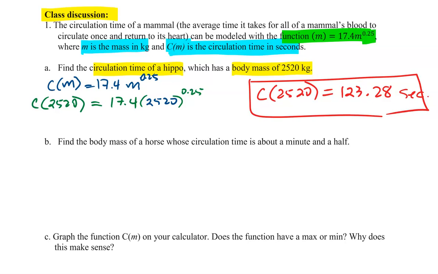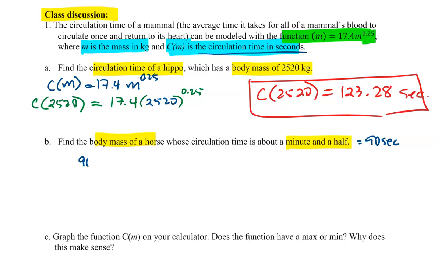Next, letter B, find the body mass of a horse whose circulation time is about 1.5 minutes, and 1.5 minutes in seconds, because C of m is the circulation time in seconds. 1.5 minutes is equivalent to 1 minute is 60 seconds and a half is 30, so that is 90 seconds.